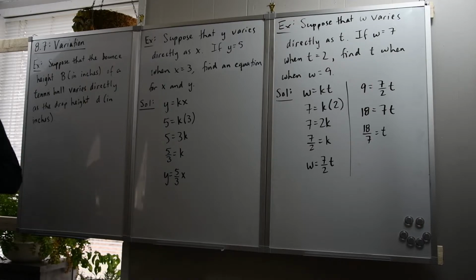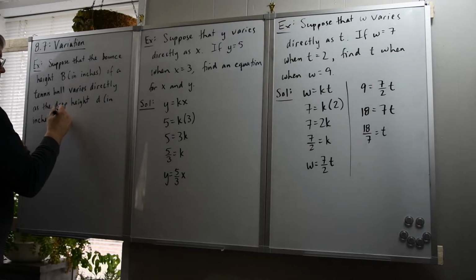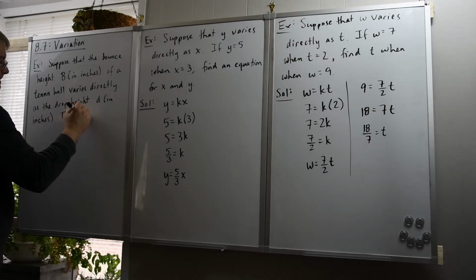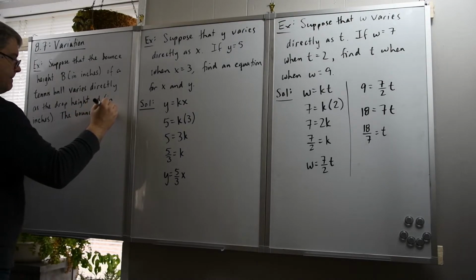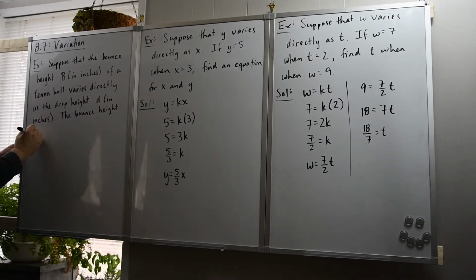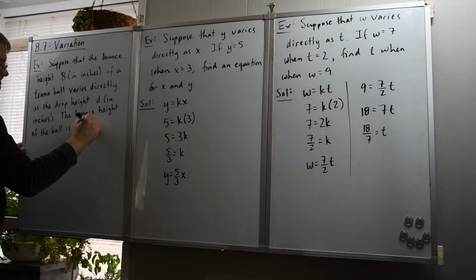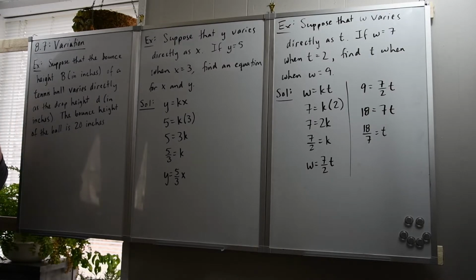Now the bounce height of the tennis ball is 20 inches when the ball is dropped from an initial height of 30 inches.